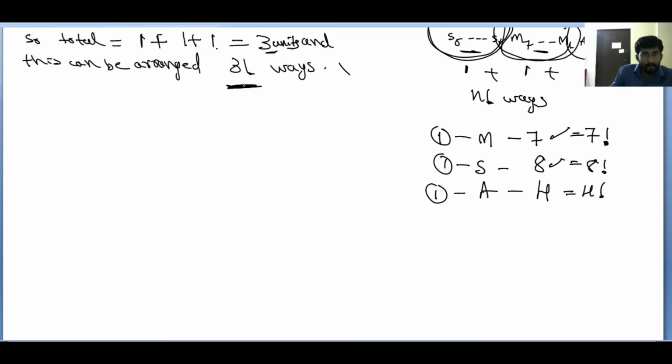In those 3 factorial arrangements, how many maths books are there? 7 maths books are there. Those 7 maths books can be arranged in 7 factorial ways. 8 stat books are there, you can arrange them in 8 factorial ways. Similarly, accountancy books you can arrange in 4 factorial ways.